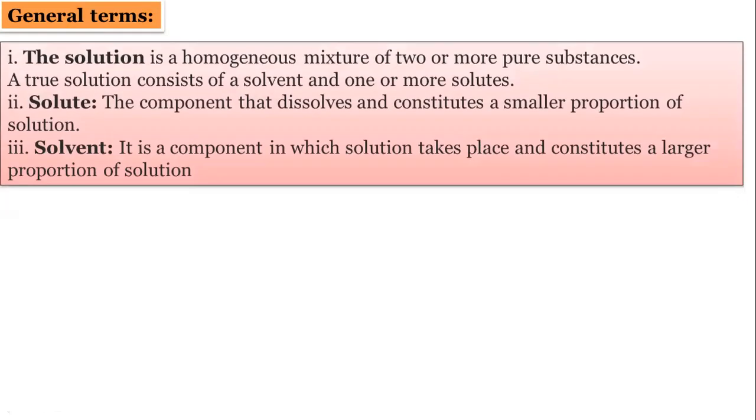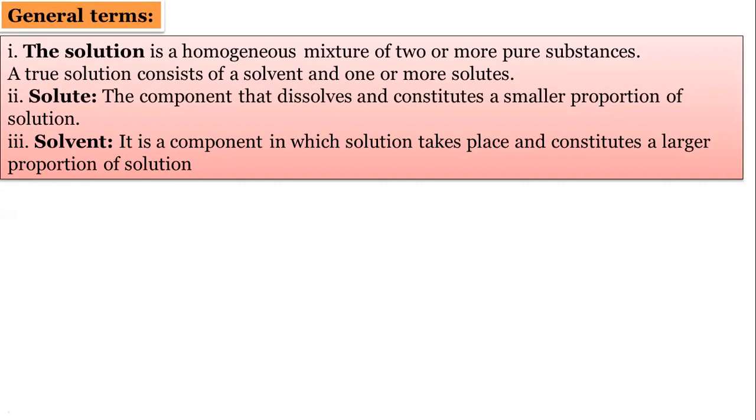First, we will discuss some general terms, that is introduction. This is asked for examination for 1 mark. So solution is what we will discuss first. Solution is nothing but these concepts are already completed in school days also. Solution is a homogeneous mixture, remember. It is a homogeneous mixture of 2 or more pure substances.